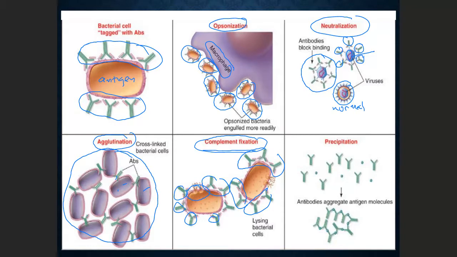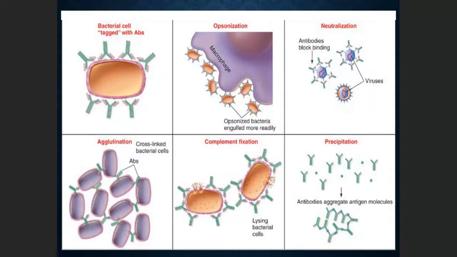The other one is by combining these viruses with many antibodies. This is the antibody antigen reaction. So the virus is the antigen, and then it becomes precipitated. When it is precipitated, then it will not cause infection or disease. So this is how the weapons, which are the antibodies, kill or destroy the antigens or microbes.